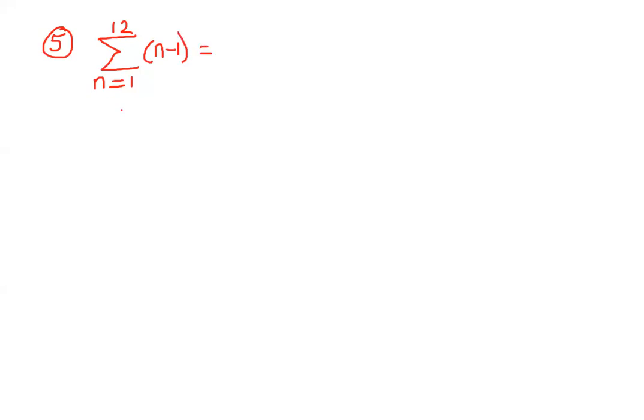So remember, this is where we're starting with n, and this is where we're ending. So we're going to say 1 minus 1 plus 2 minus 1 plus 3 minus 1 plus 4 minus 1 plus 5 minus 1 plus, I'm not going to write them all out, all the way to 12 minus 1.